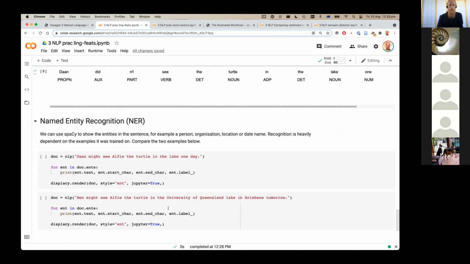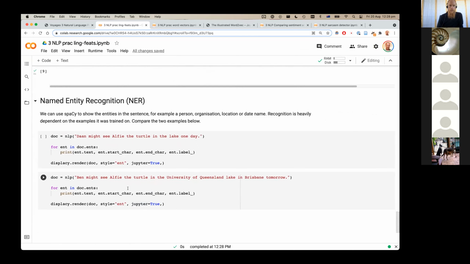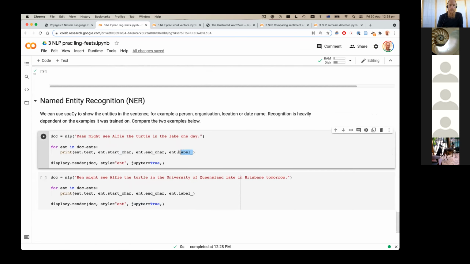So we'll see that down here as well, where the label attribute has the underscore. So we're using this so that we can see the human readable version of the label.